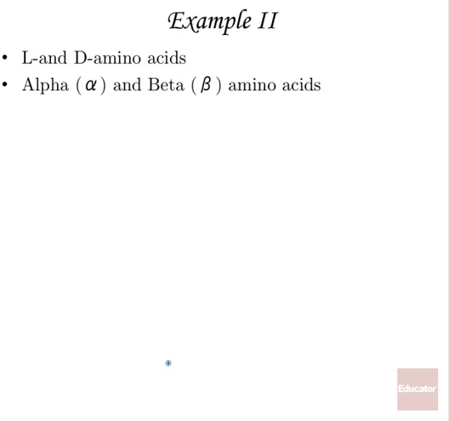Here's going to be an example of an L or a D amino acid. And really all it is is what side the amino group is on. So this is an L. And it also happens to be an alpha. L-alpha amino acid.